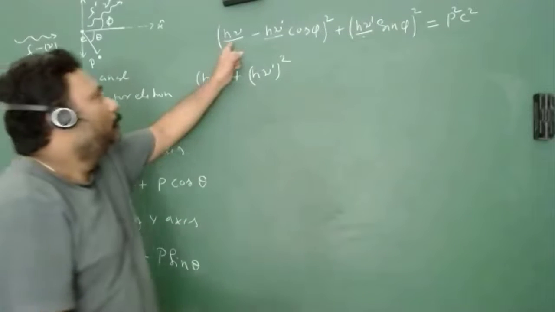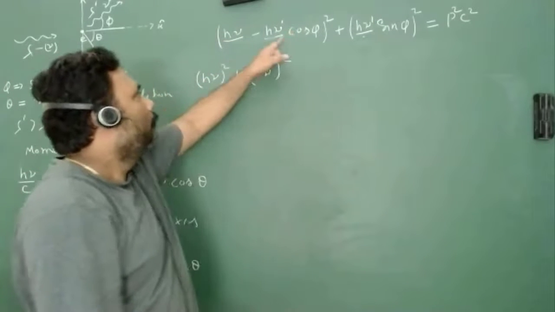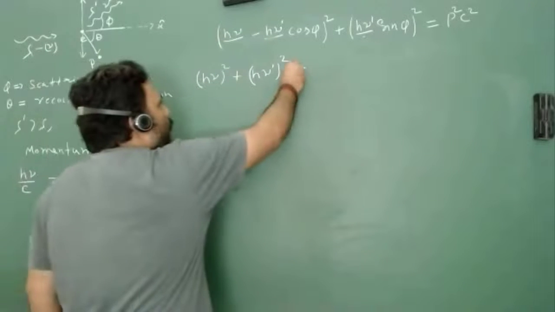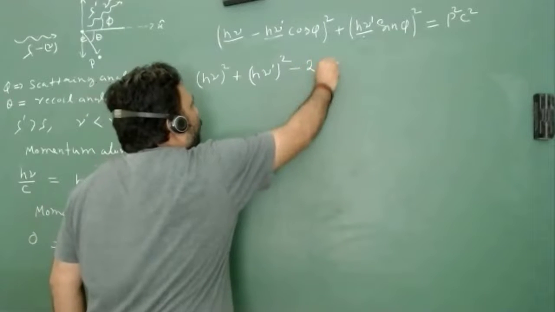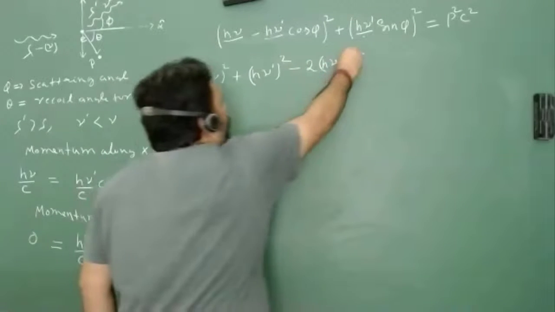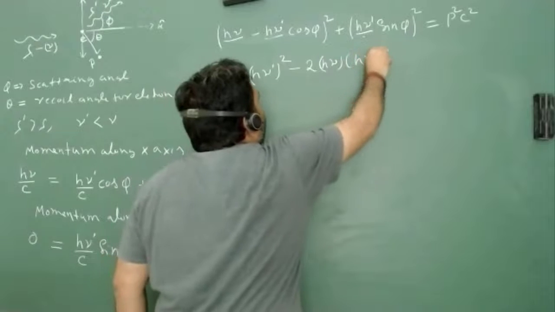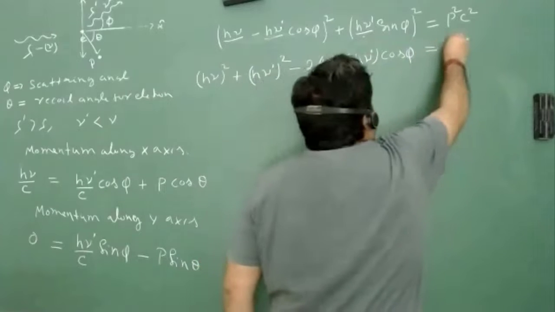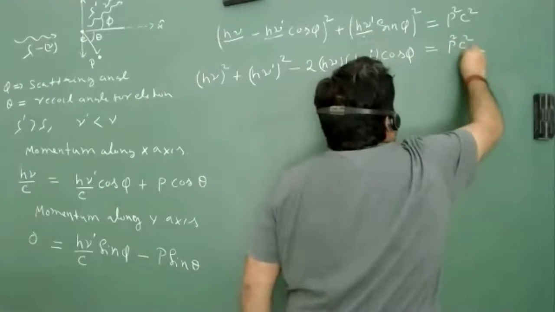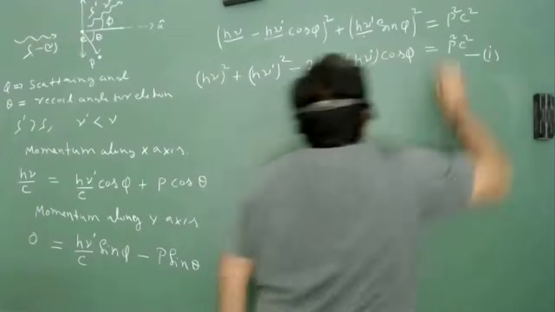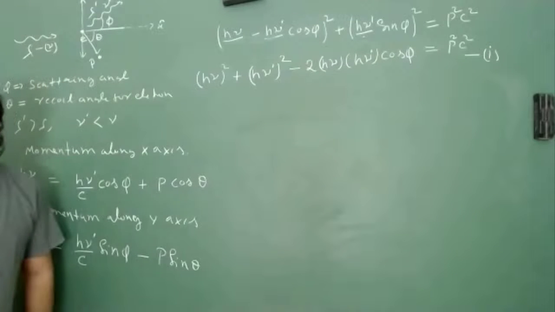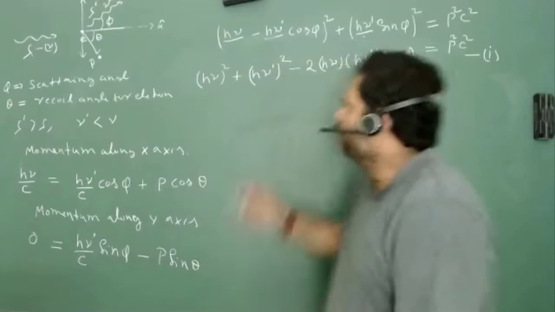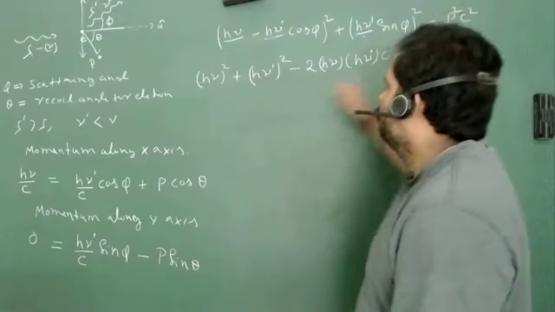Now, as in a square plus b square, there will be minus 2ab. So that will be minus 2 h nu into h nu dash cos phi, must be equal to p square c square. So this is equation 1. So from the conservation of momentum and doing some exercise, we have used this calculation.